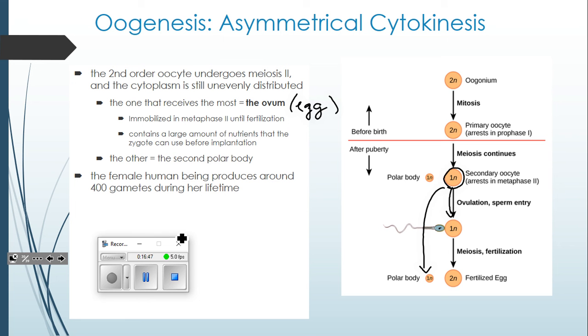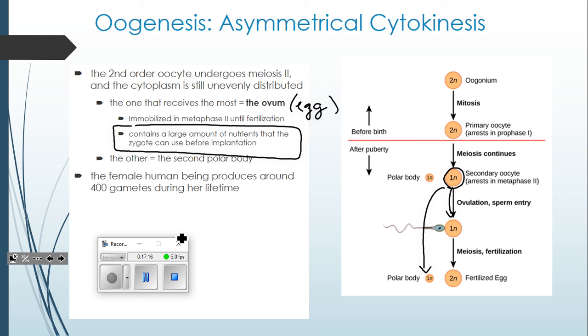The reason that one of these cells had to receive more cytoplasm is because of this point here. That ovum, if it's going to get fertilized, is eventually going to become a zygote, and then an embryo, and then a baby. Something needs to support that zygote as it makes its way to the uterus where it will implant.